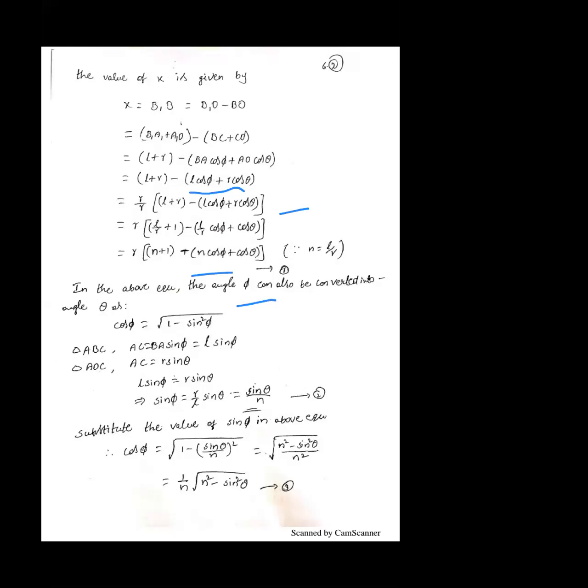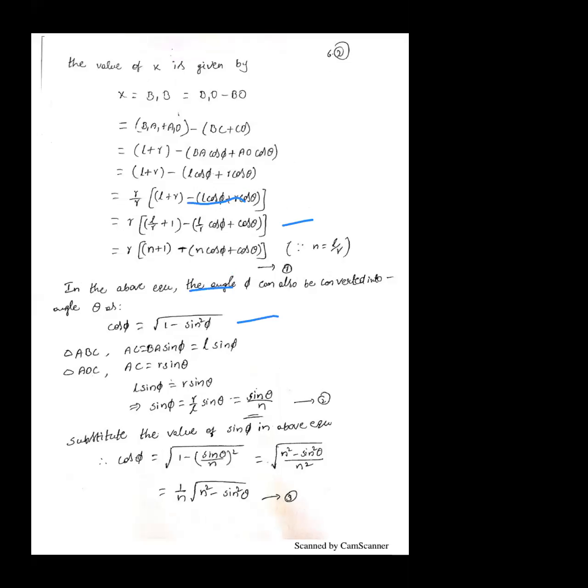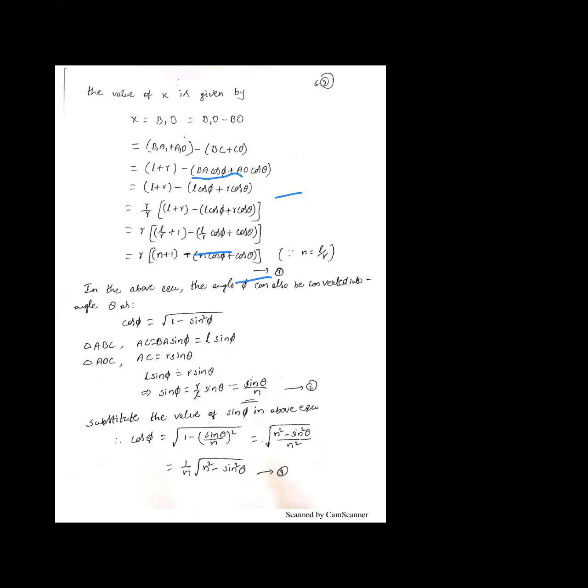But the equation has two unknowns, two angular displacements: one is phi and another one is theta. When we have two unknowns in our equation, it is not possible to differentiate.